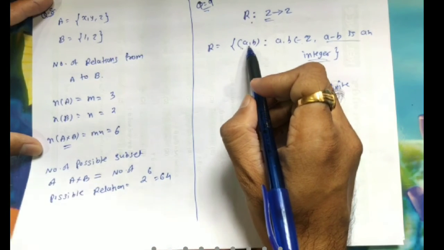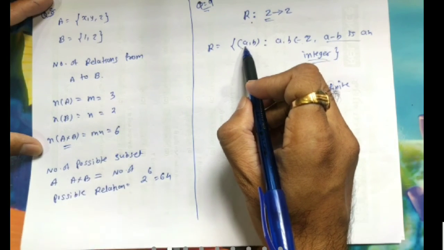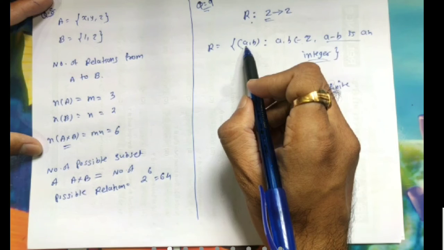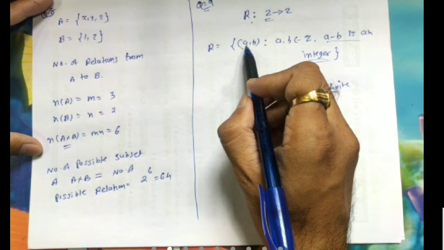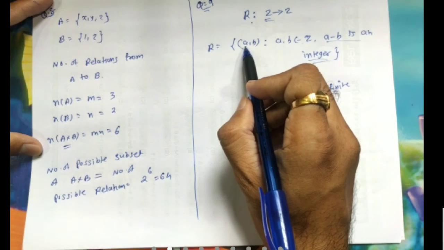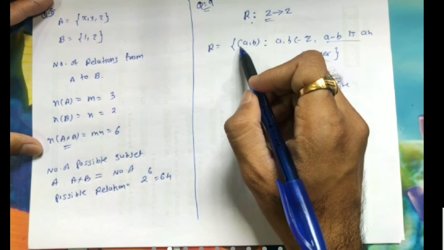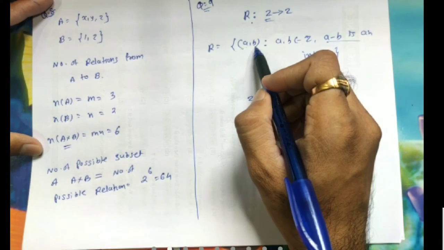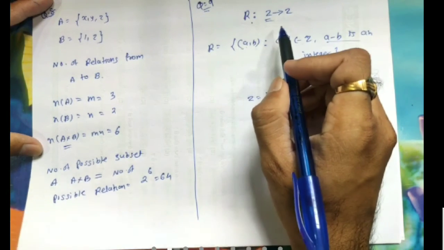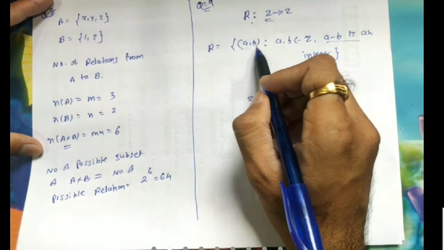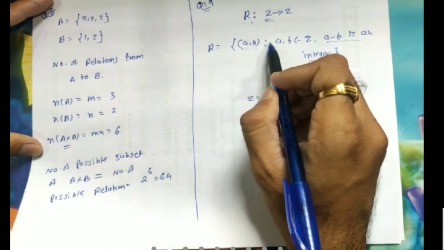So there are infinite possibilities for the first element, we can take it from Z. And for the second element also there are infinite possibilities. So we are getting infinite ordered pairs for this condition.